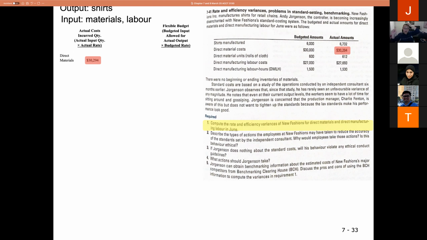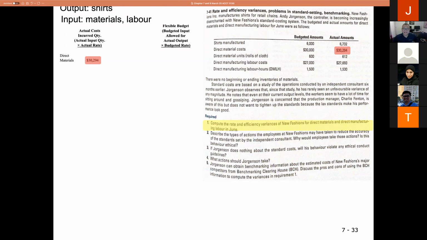And you also want to know what's the cost, the budget rate. Basically, that's the cost of the input. So for each roll of cloth, what is the price? How do we know this? Can anyone tell me? How can I know this information? 600 rolls divided by 6,000 shirts that was budgeted to make.